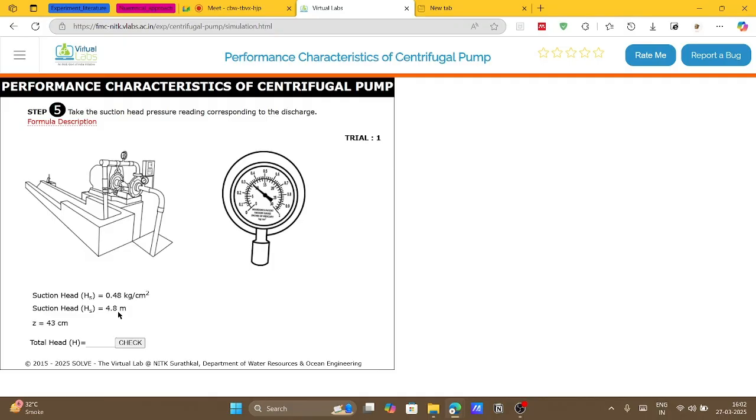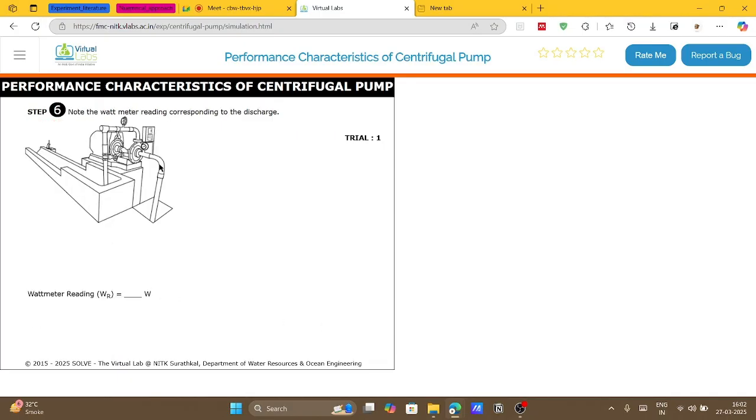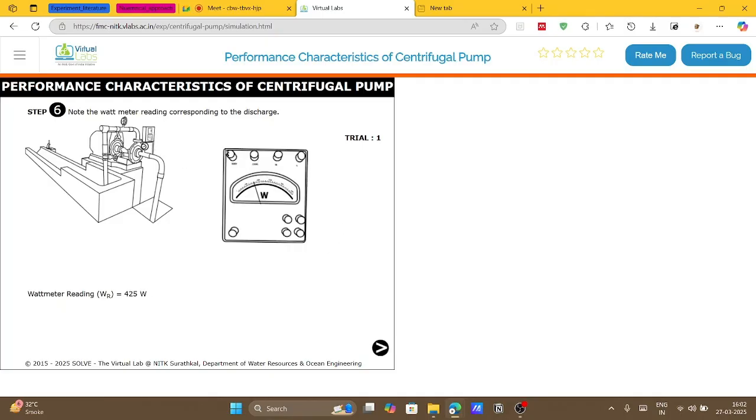So it's like 4.8 plus 1 plus 0.43, so 6.23. But this is not correct, you have to take the actual difference, right? So remember, this is HD minus HS plus Z, and the suction head will obviously be lower than the discharge head.